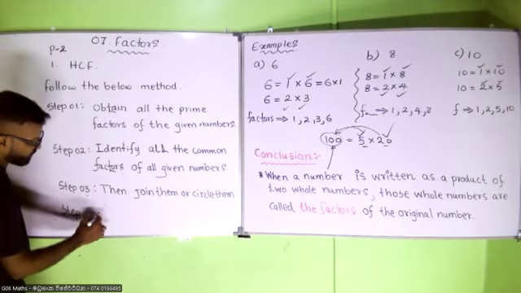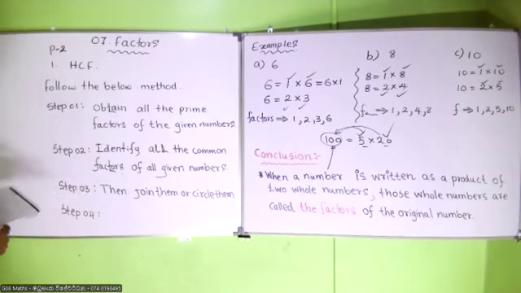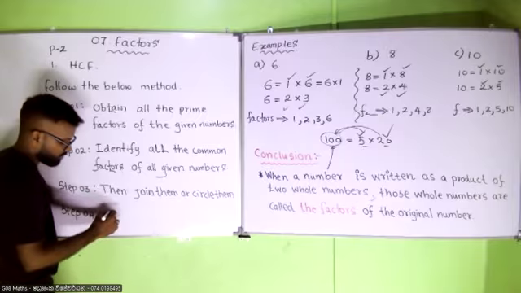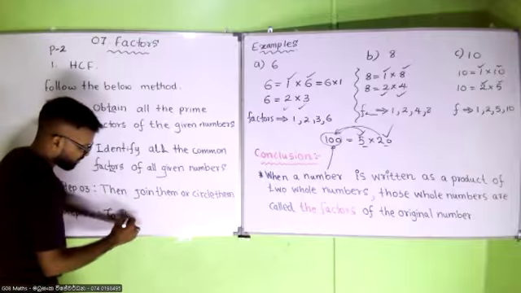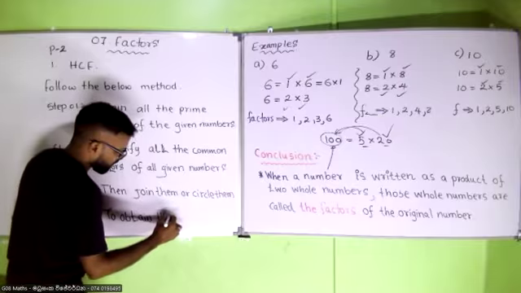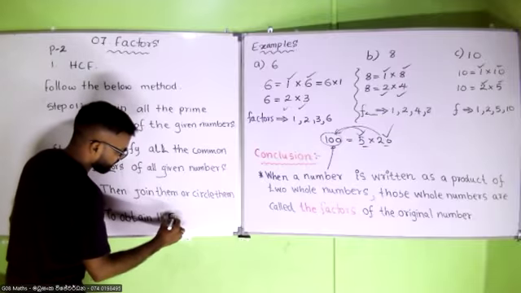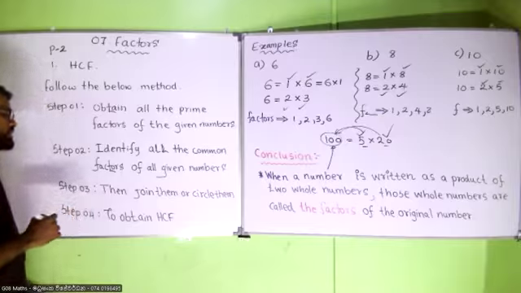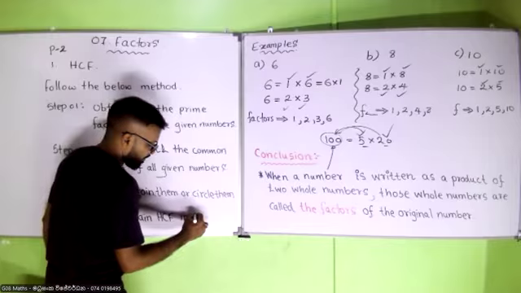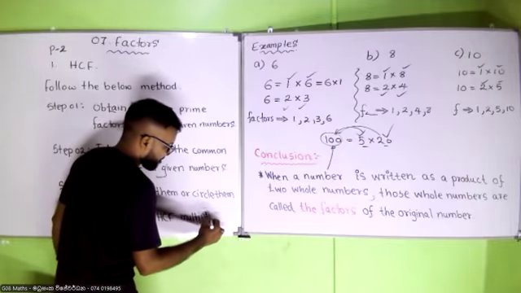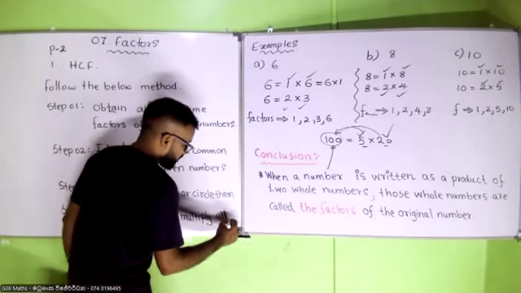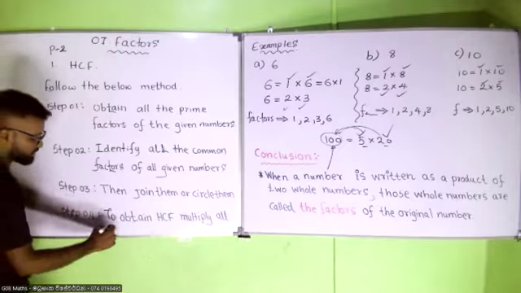Step number 4. Then to obtain the highest common factor, HCF, multiply all circled numbers.